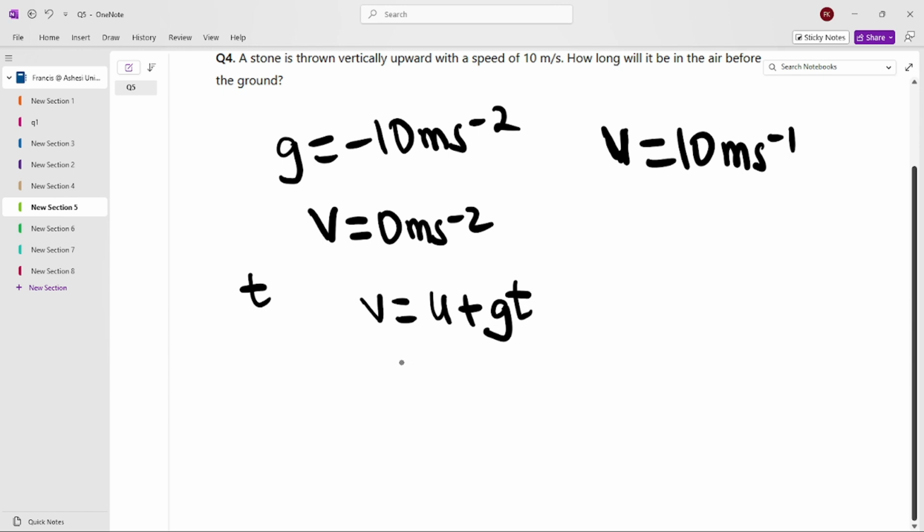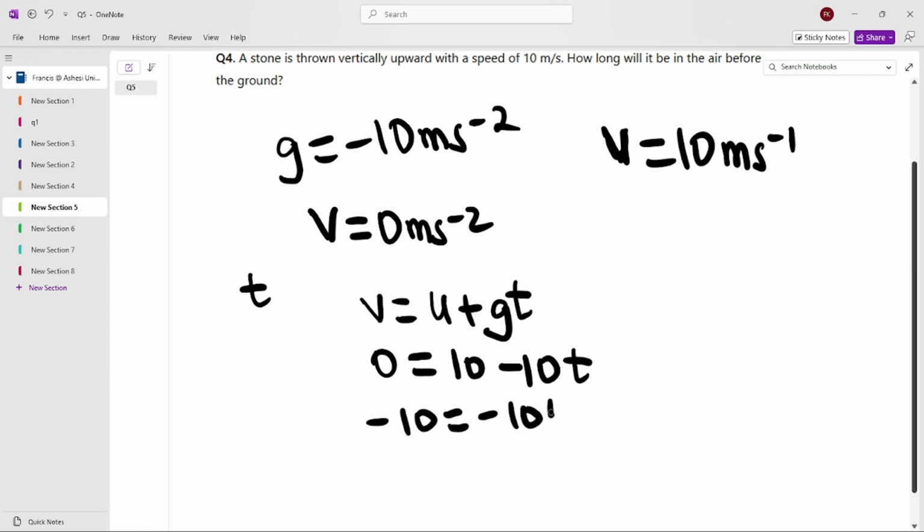Then when we substitute, we have 0 is equal to 10 minus 10t. Then we shift the 10 to the left hand side. Then we divide through by negative 10. So we have t will be equal to 1 second.